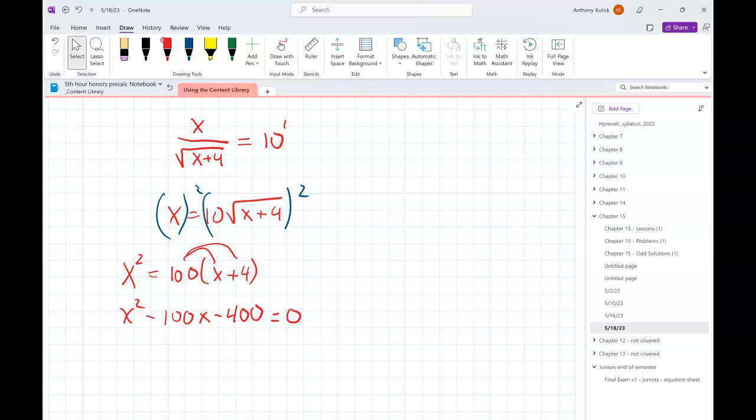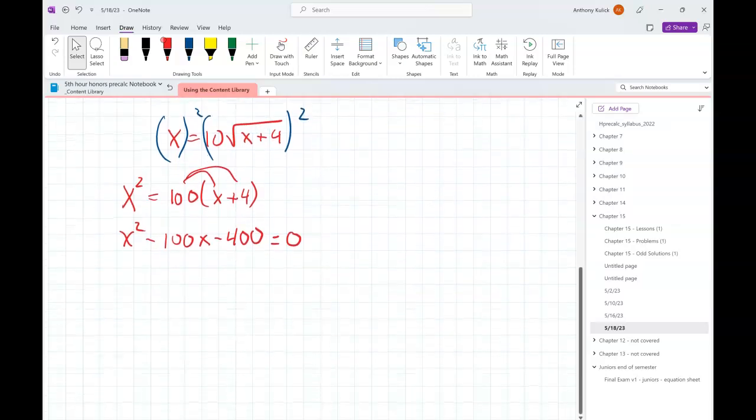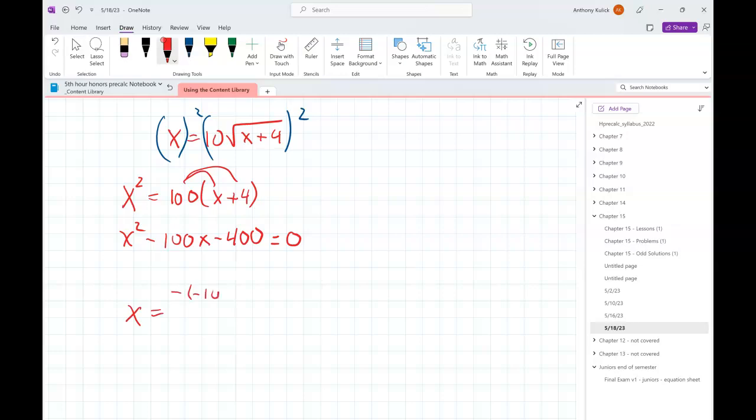We'll take it. So now what I'm going to do is solve this either by factoring or using the quadratic formula. At quick glance, I don't recognize this as something that's factorable. 400 is an awfully big number. There's going to be a lot of possibilities of things that multiply to give me that. I'm not going to bother with it. I'm just going to use the quadratic formula personally.